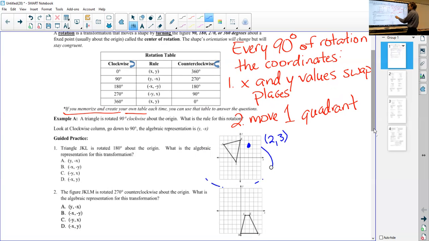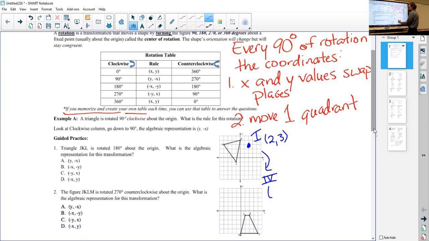If I'm just going 90 degrees, it's going to move one quadrant in that direction. It started in quadrant 1 up here. 90 degrees from now, it will be down here in quadrant 4. And then we just have to remember, what are the rules in quadrant 4?